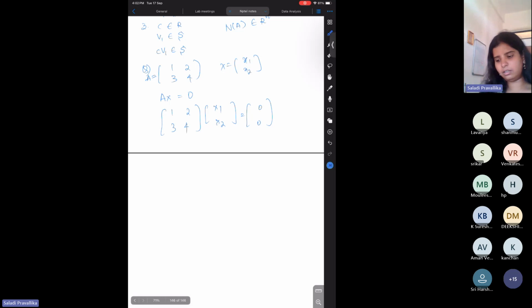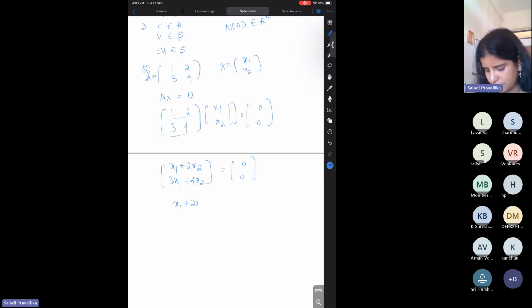Can you find X1 and X2 values? So it is X1 plus 2X2 and then 3X1 plus 4X2 is equal to 0 and 0, right? X1 plus 2X2 equals 0 is one equation, and 3X1 plus 4X2 equals 0 is another equation.